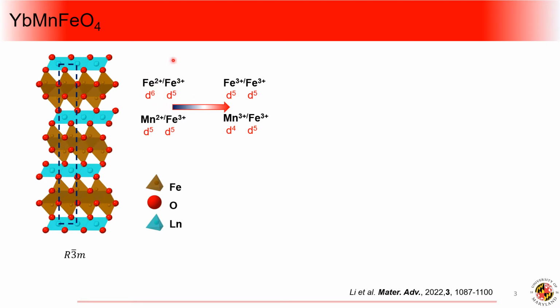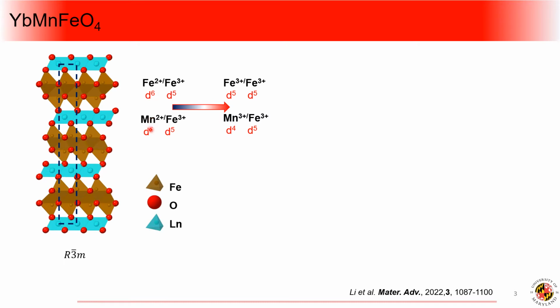If we look at the electron configuration of the transition metal in the unsubstituted variant, we have iron 2+ in the reduced state, which is a d6 configuration. During the oxygen uptake, iron 2+ becomes iron 3+, so the electron configuration goes from d6 to d5 in the structure.